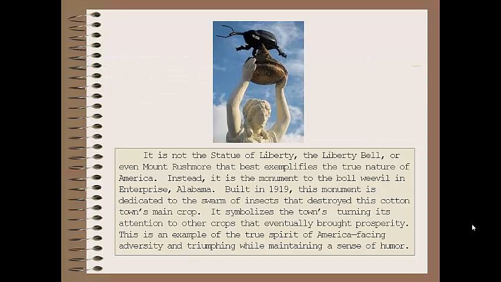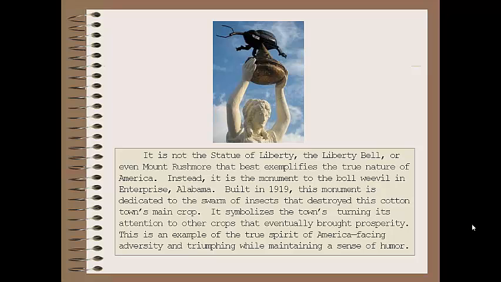It's not the Statue of Liberty, the Liberty Bell, or even Mount Rushmore that best exemplifies the true nature of America. Instead, it is the monument to the boll weevil in Enterprise, Alabama. Built in 1919, this monument is dedicated to the swarm of insects that destroyed this cotton town's main crop.